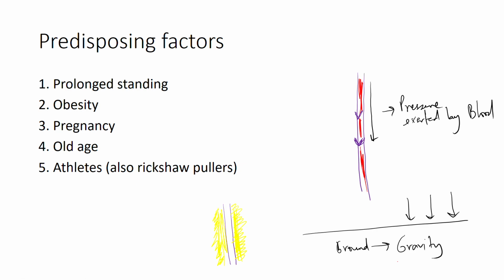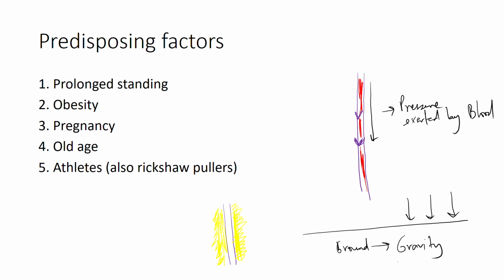Now, why athletes here? As we know, when athletes run, the soleus muscle contracts faster and more vigorously. Because of that, the blood is also pushed upwards with a greater force. Sometimes this can enter the perforating veins and cause damage to these veins, or the walls of these veins can become weaker, and a great amount of blood with greater force enters the superficial veins, with more pressure and more accumulation of blood.